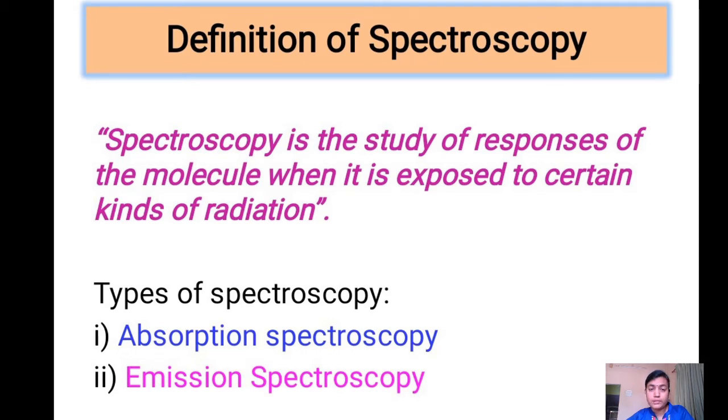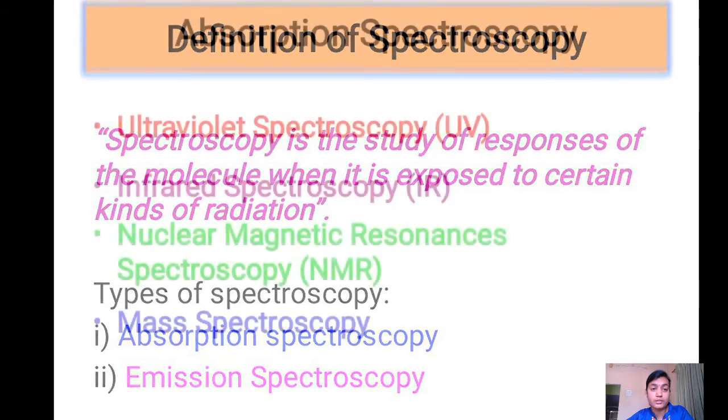So, spectroscopy is the study of responses of a molecule when it is exposed to certain kinds of radiation. On the basis of absorption and emission, there are two types of spectroscopy: absorption spectroscopy and emission spectroscopy. In absorption spectroscopy, absorbed radiations are detected, and in emission spectroscopy, emitted radiations are detected.